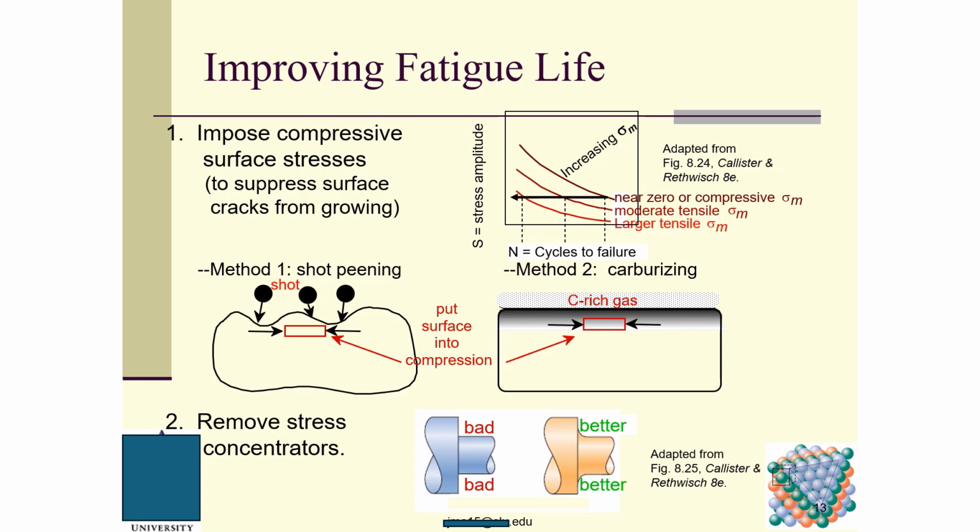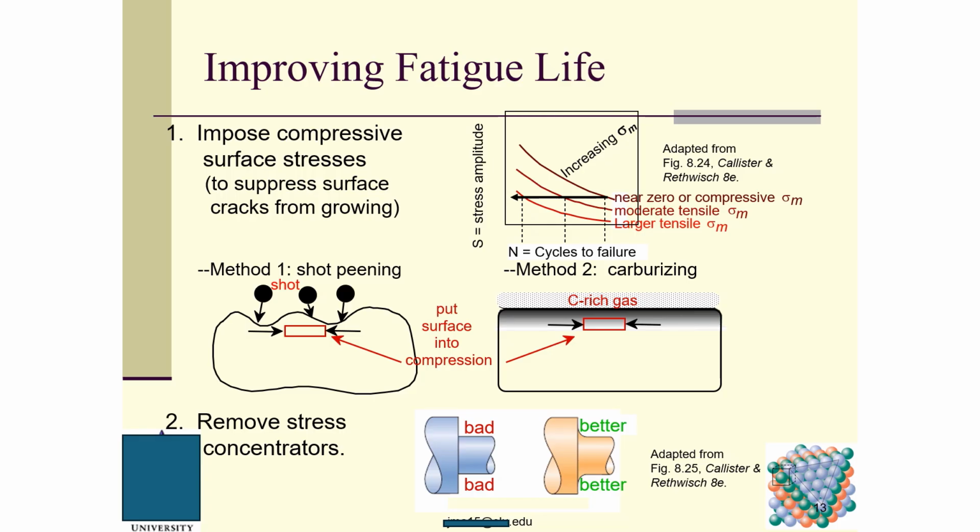The second category is remove stress concentrators. Stress concentrators mean that there is an abrupt change of the geometry. For example, in this scenario, this is bad. Why? Because there is no fillet here. So this is an abrupt geometric change. As a result, at this corner we will have a stress concentration factor.